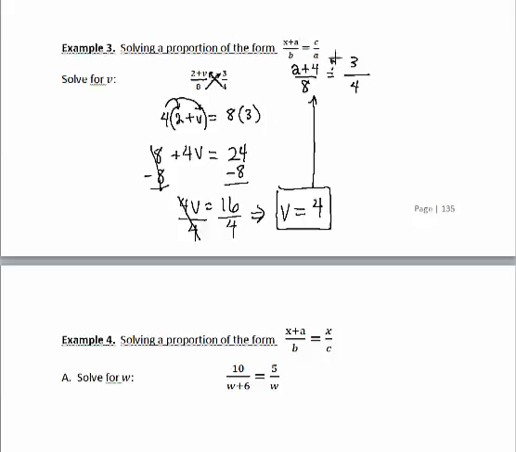And we want to check and make sure that these two are equivalent fractions. Well, on the left we get a 6 in the numerator and an 8 in the denominator. And if we simply divide 6 and 8 by 2, we get the ratio on the right side, 3/4. And so our solution of v equals 4 checks out.